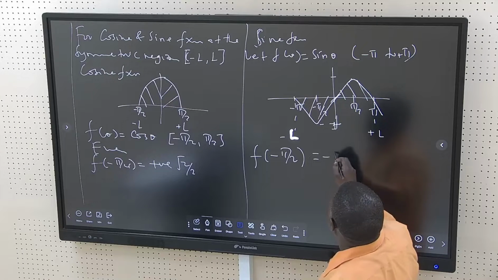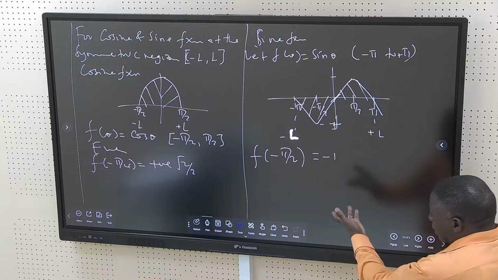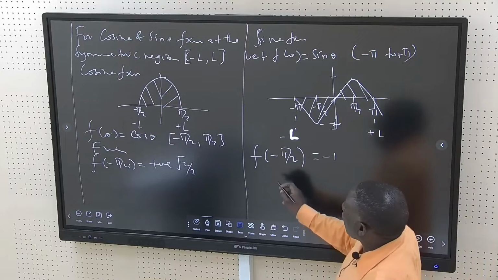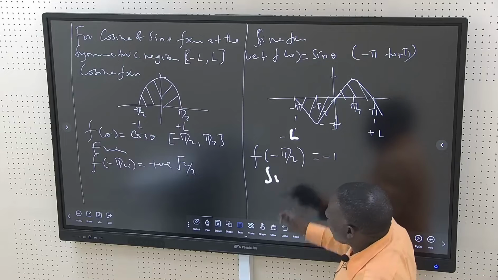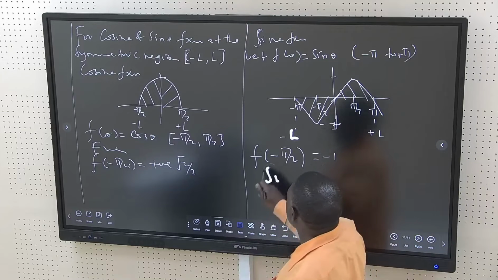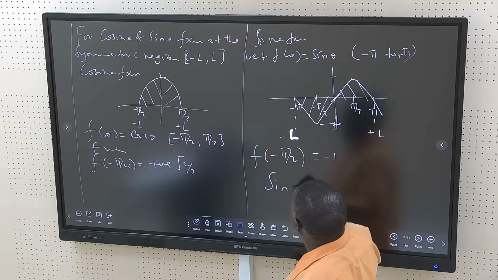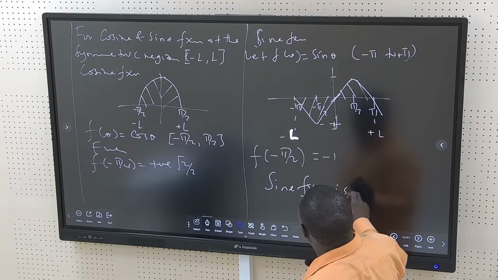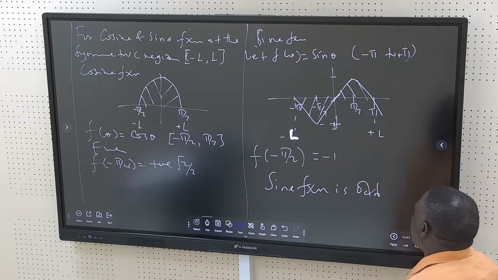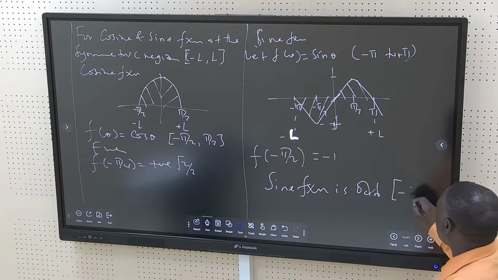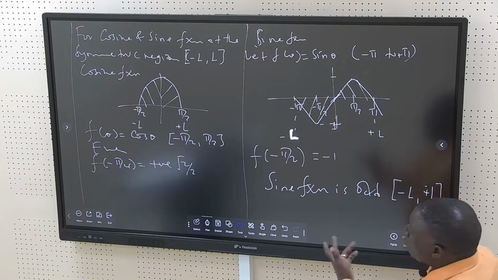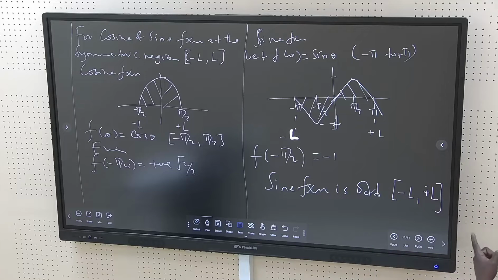So by this definition, we say the sine function is odd on the closed interval negative L to positive L. This is very, very important, the behavior of cosine and sine.